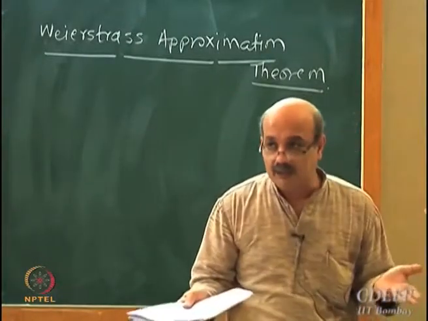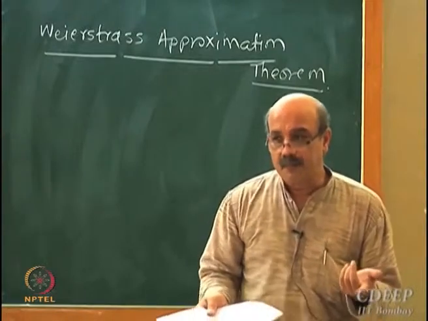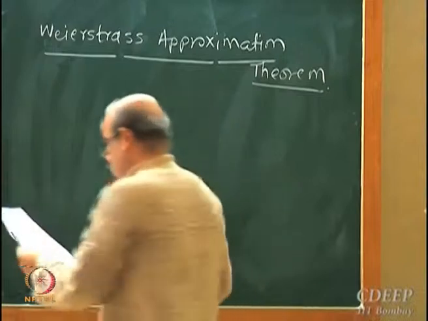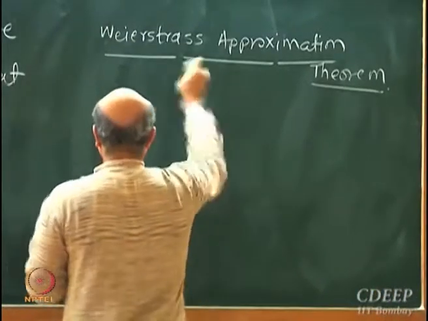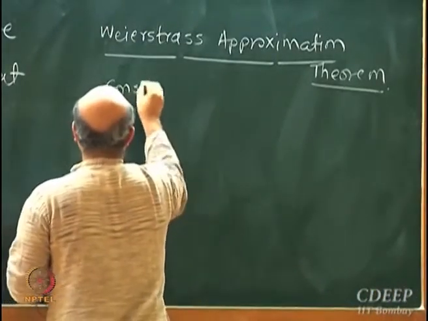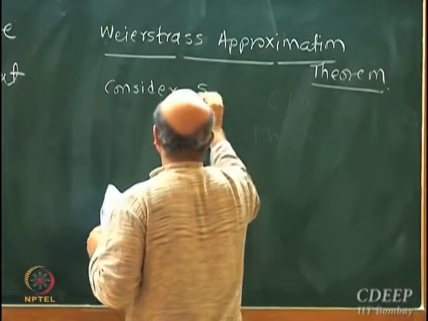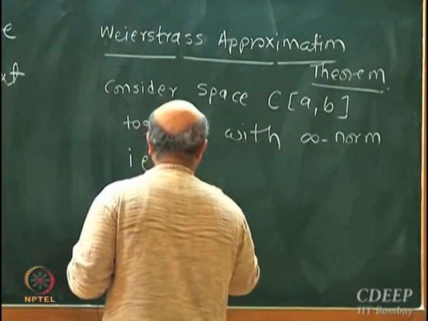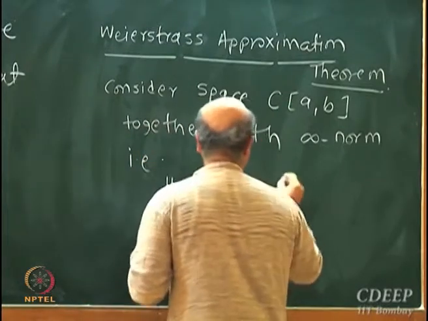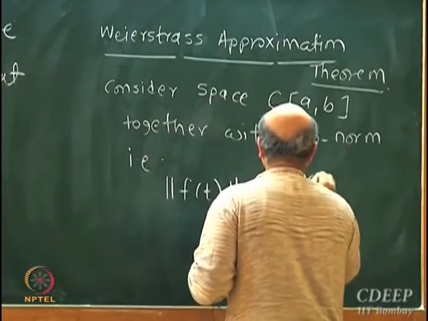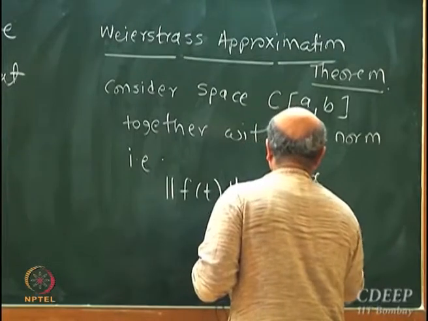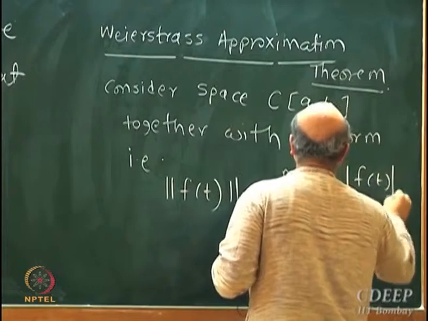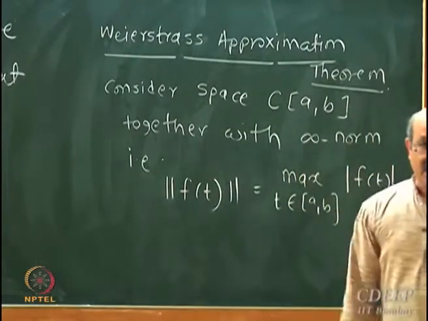Now, what is arbitrary closeness? You need a norm. What is arbitrary closeness? You need the concept of a norm. So what do we consider here?